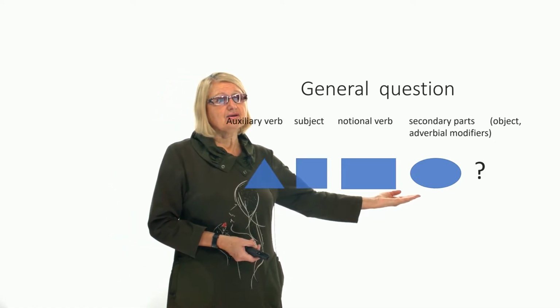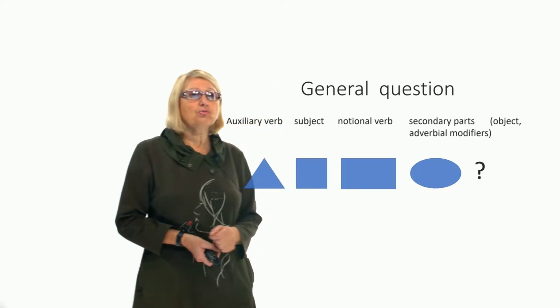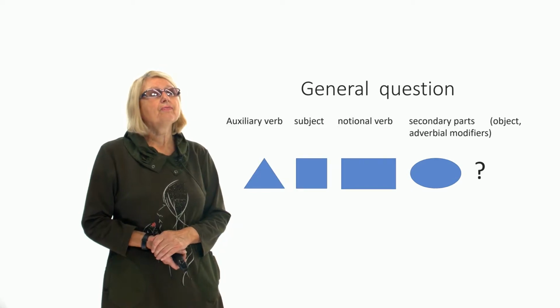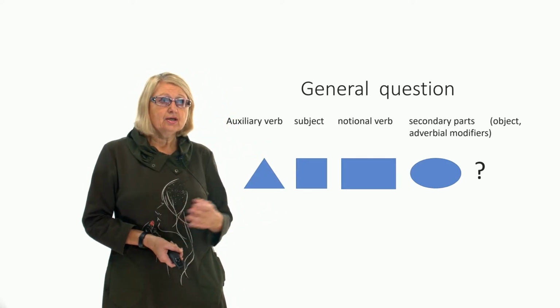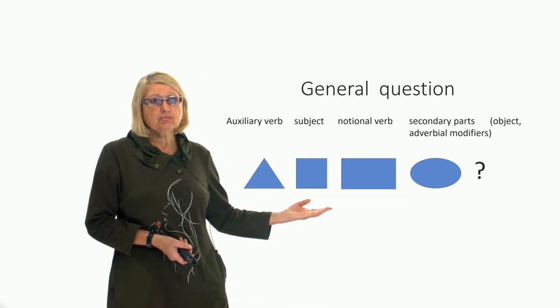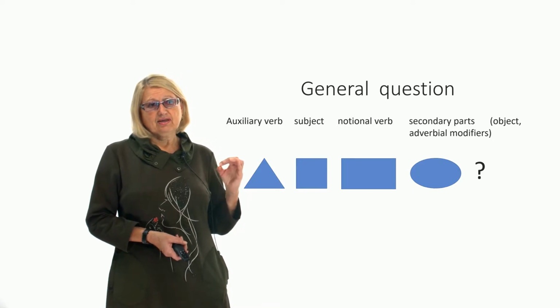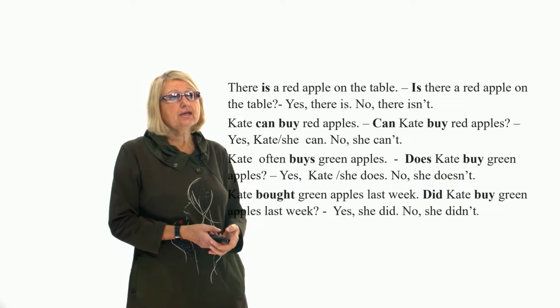And then go secondary parts. It is an object, дополнение, or adverbial modifiers, обстоятельства. So you see the scheme, and according to this scheme, you may put a general question to any sentence. Let's look.